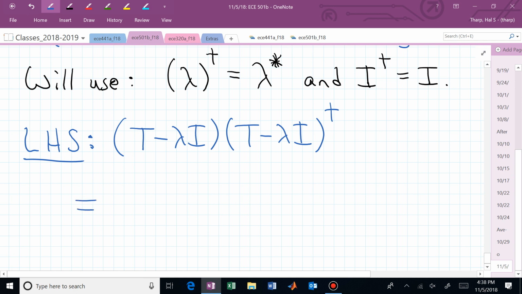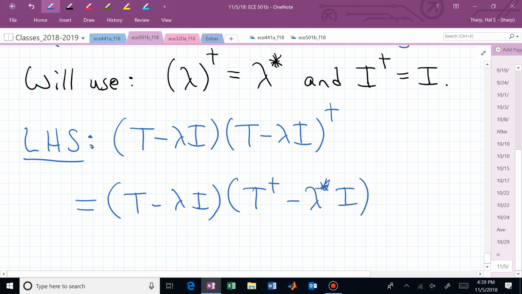And using what I just said up above, what happens when I push that adjoint inside that right-hand expression? I have t dagger minus the conjugate lambda times I. Is that okay?